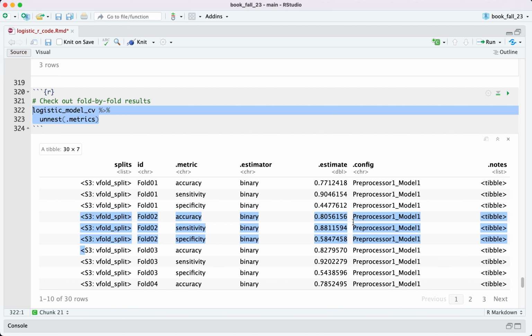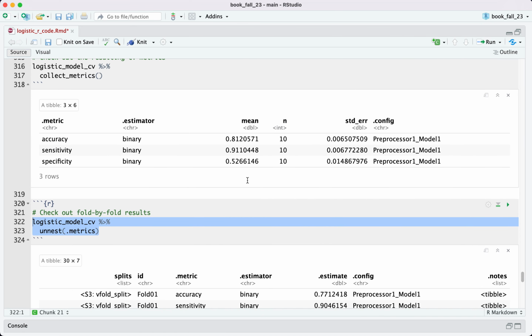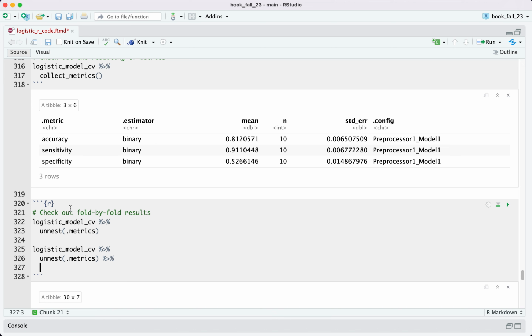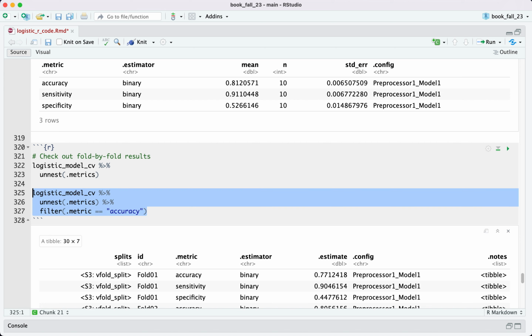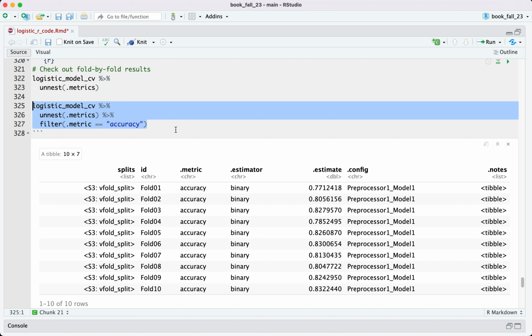If we want to convince ourselves that this information is what ends up being expressed in our collect metrics, for example, I can take these unnested results. Maybe I just want to focus on accuracy, so I'll say filter dot metric column. I want it to only look at the accuracy outcomes. Right, so I see that each fold has a different accuracy.